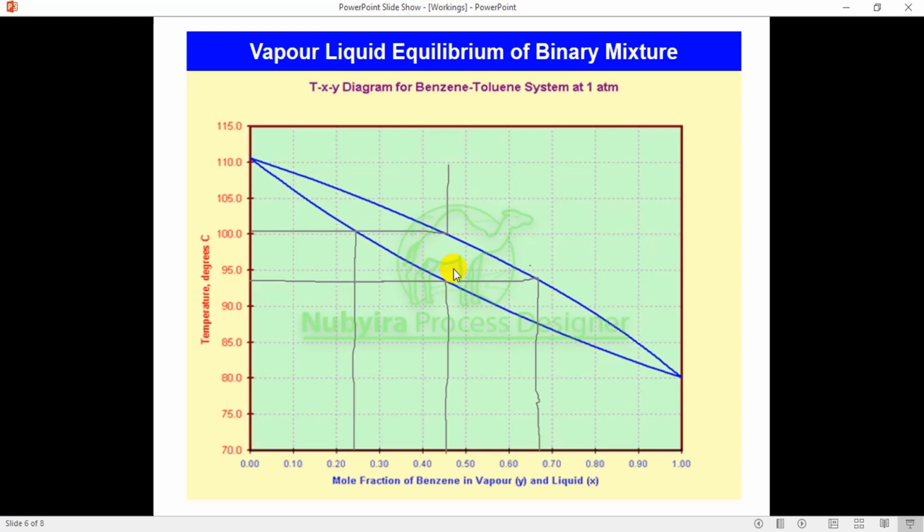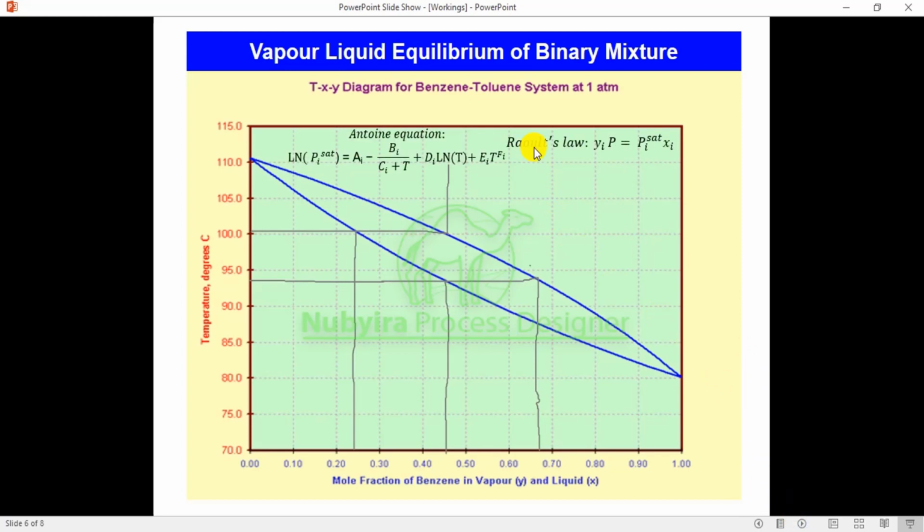If it is above the dew point of the mixture, then it is in the superheated region. So I need to know these two temperature points of the mixture based on the pressure, because this is at 1 atm, but the one that we are actually working on is at 1 bar, but we just consider them the same.